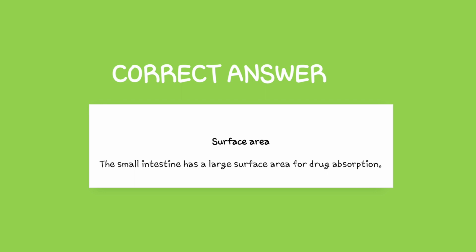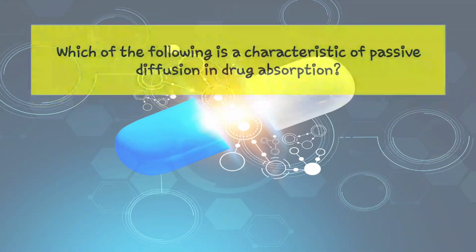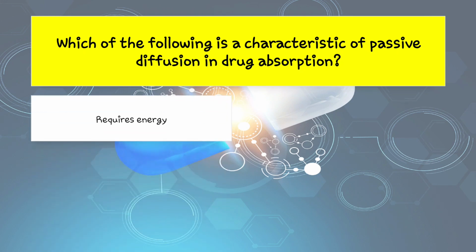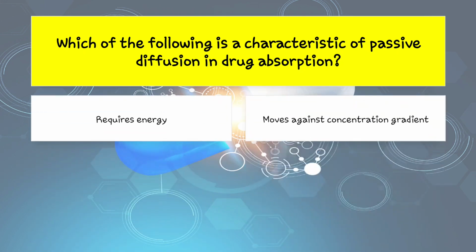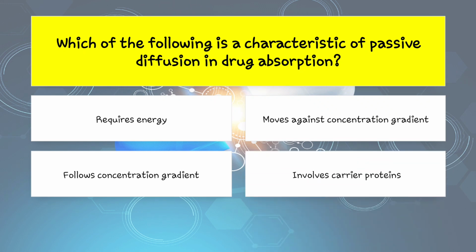Moving to the next question. The question is, which of the following is characteristics of passive diffusion in drug absorption? And the options are, first requires energy, option B moves against concentration gradient, option C follows concentration gradient, and D involves carrier proteins.